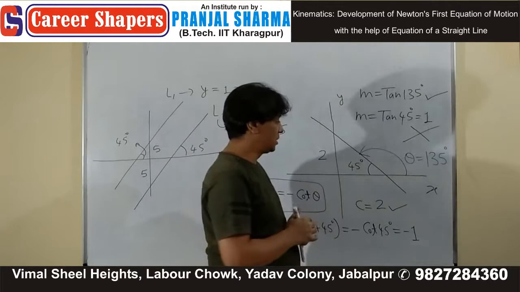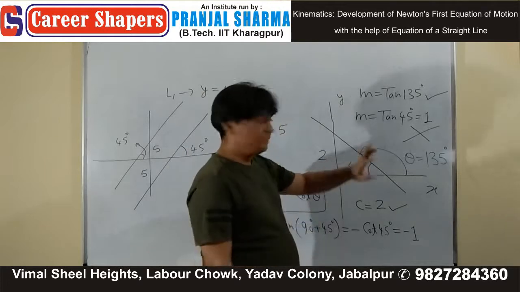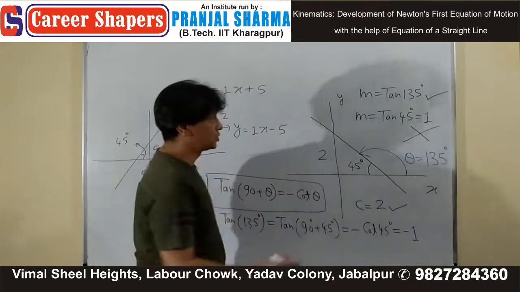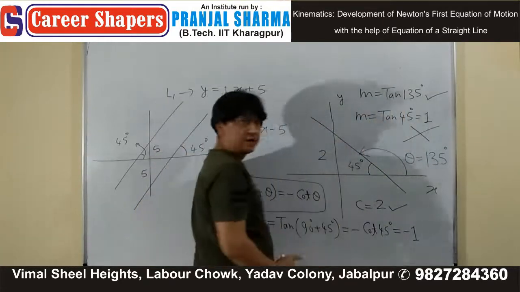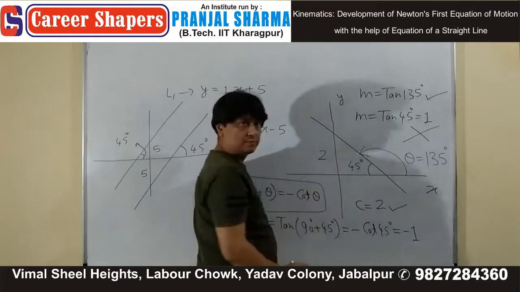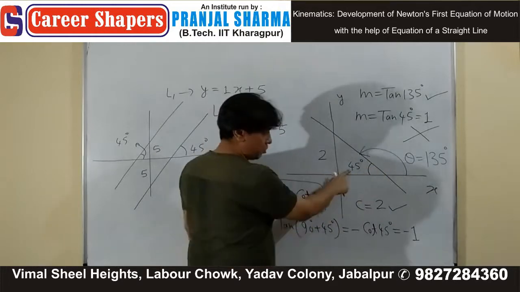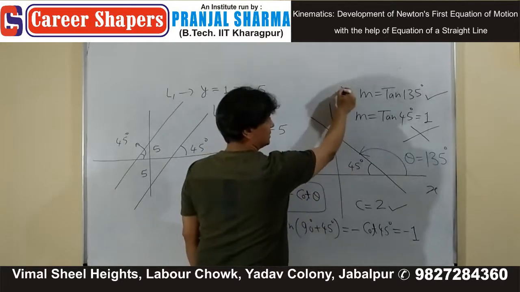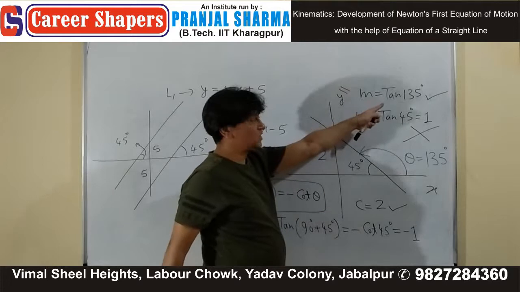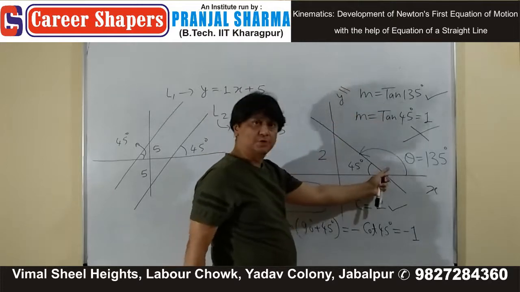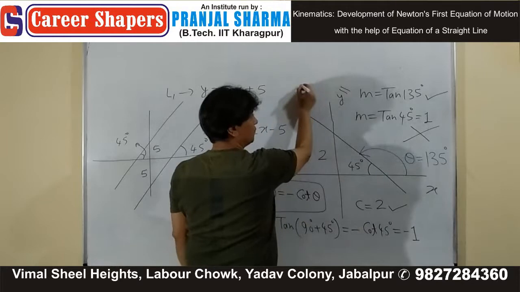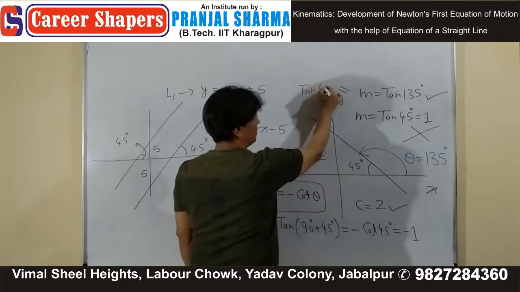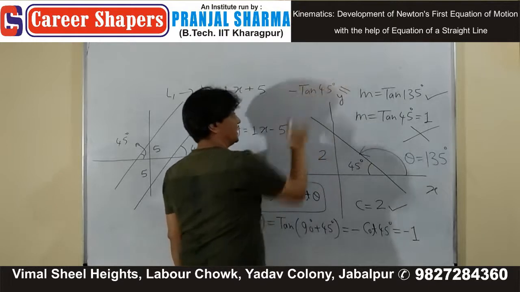Now, if you remember the shortcut, remember this shortcut always. If they ask you tan of 135, tan of the obtuse angle, then find tan of this side, 45, and put a negative sign.